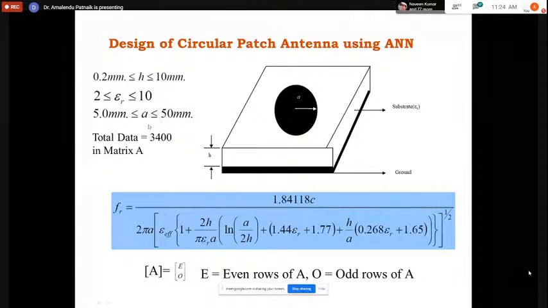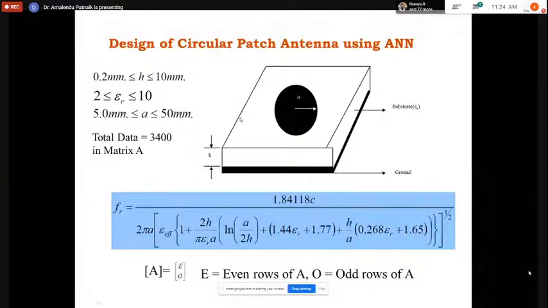Then the radius, depending on the frequency range in which you want to have an ANN model, you choose the value of the radius of this circular patch.